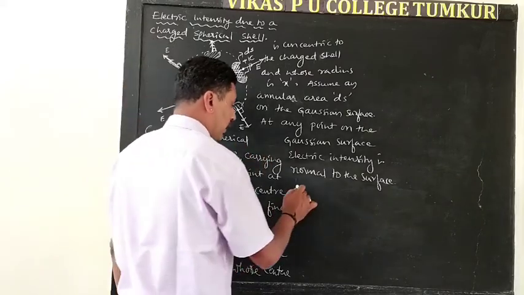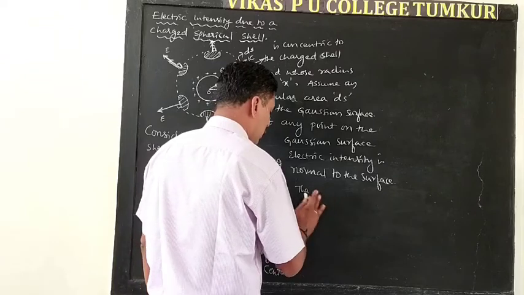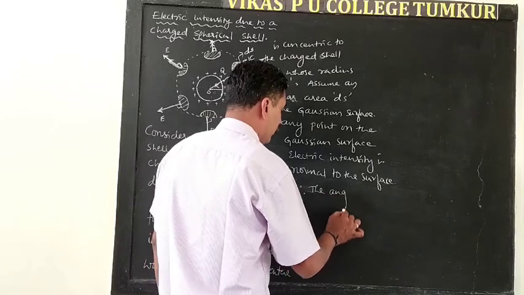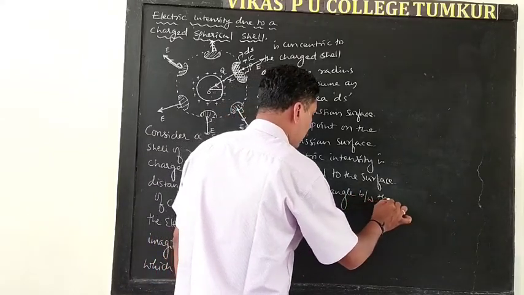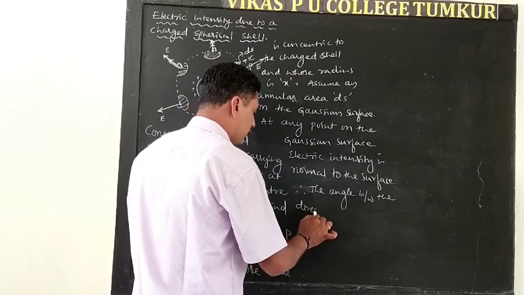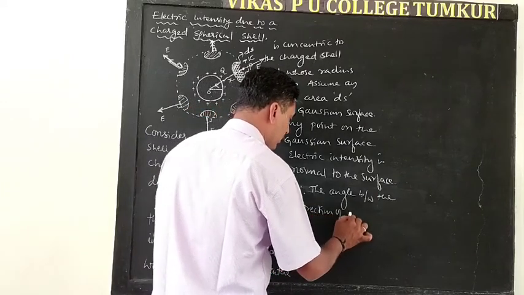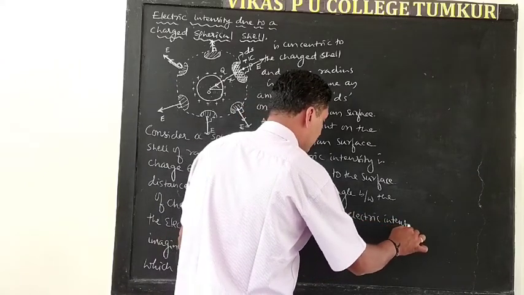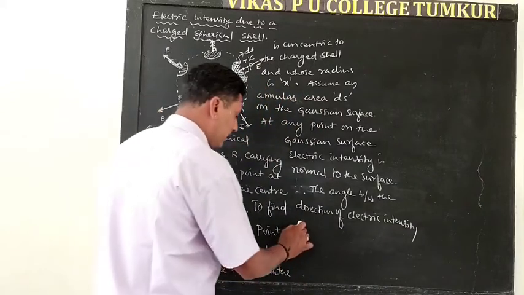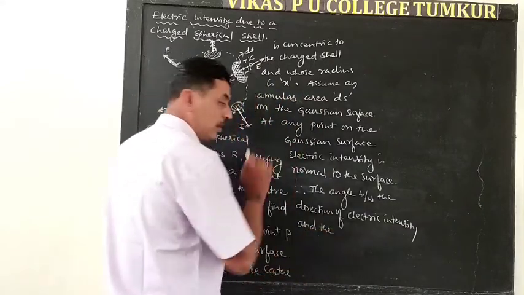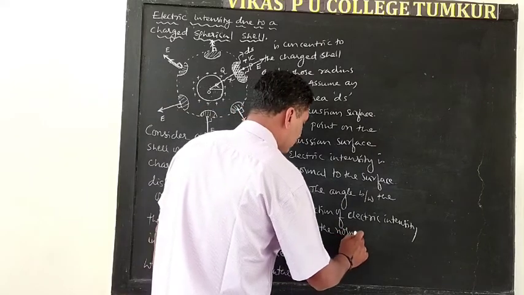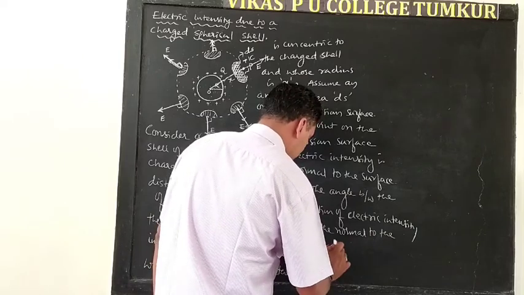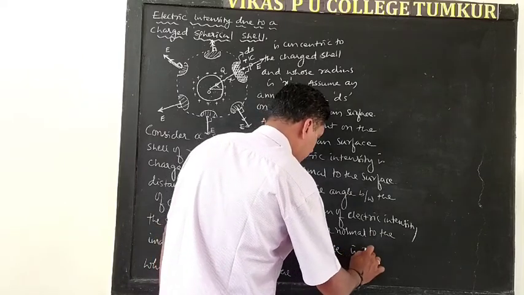So I write here the normal, therefore I write here the angle between the direction of electric intensity and the normal to the surface is 0 degrees.